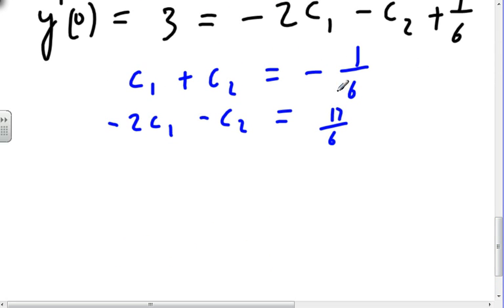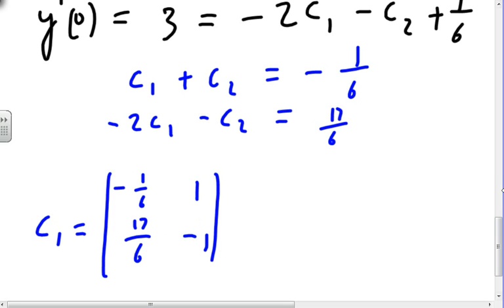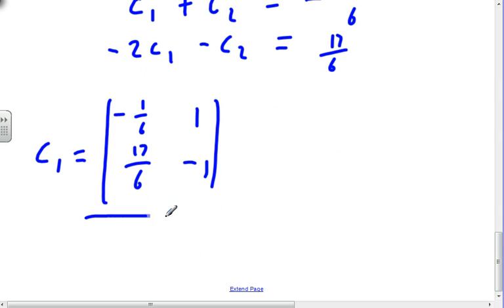That's not going to help in my spreadsheet because I can't put a 1/6 in easily. I probably could. Anyway, Cramer's rule. C1 is the determinant with minus 1/6, 17/6, 1, minus 1, divided by the determinant 1, 1, minus 2, minus 1.